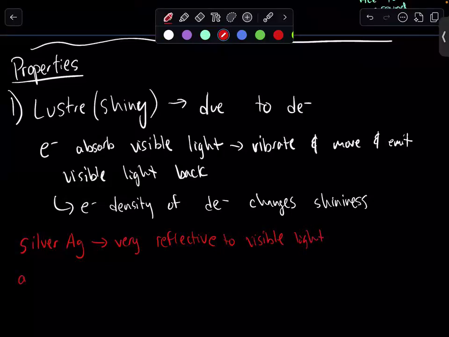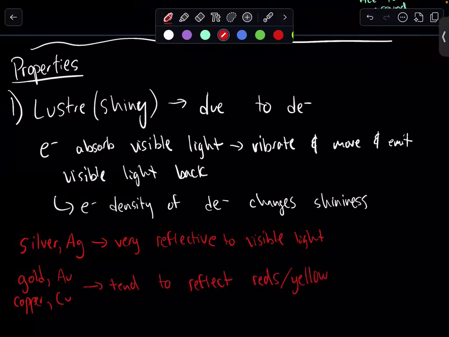But for example, gold, Au, and copper, Cu, these tend to reflect reds and yellows, while they mostly absorb blues.